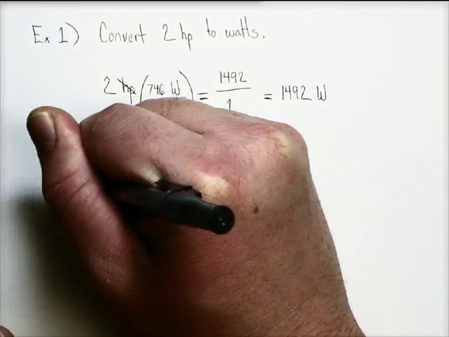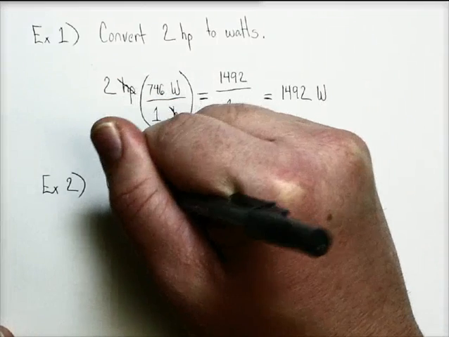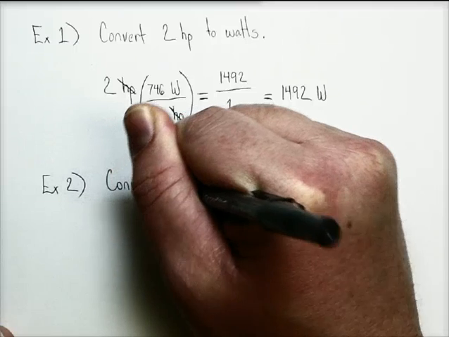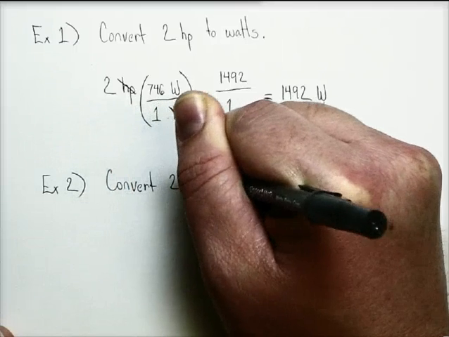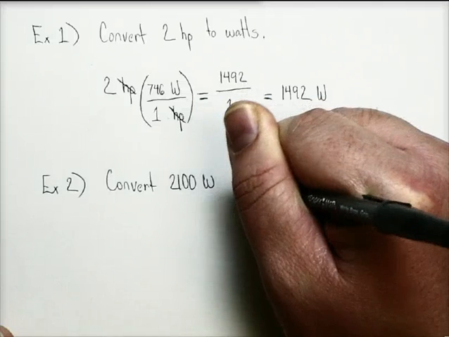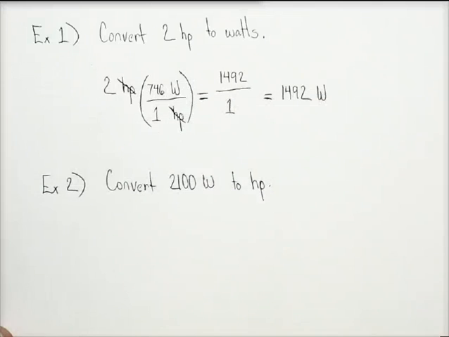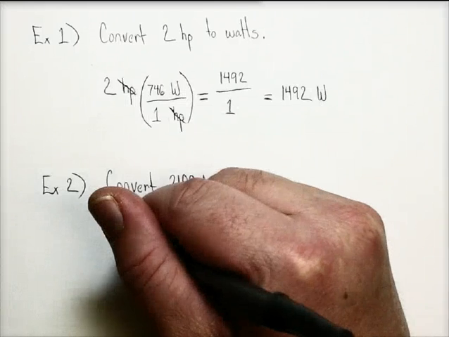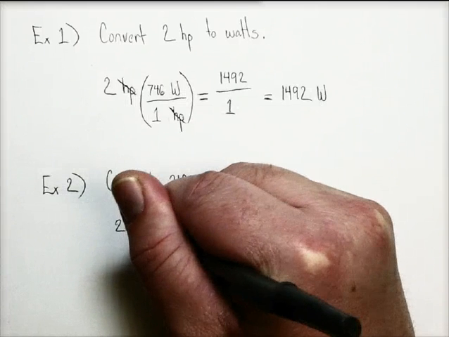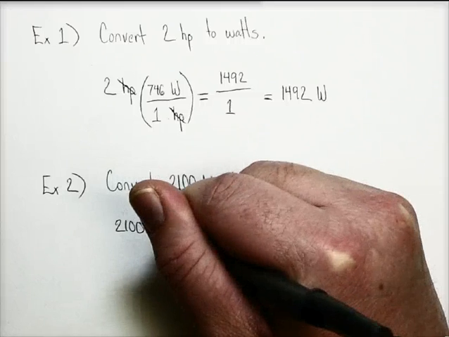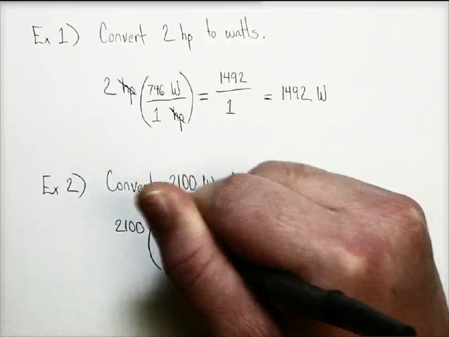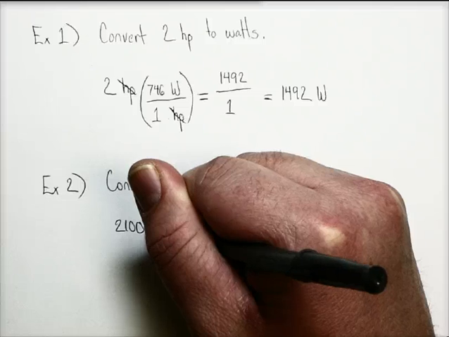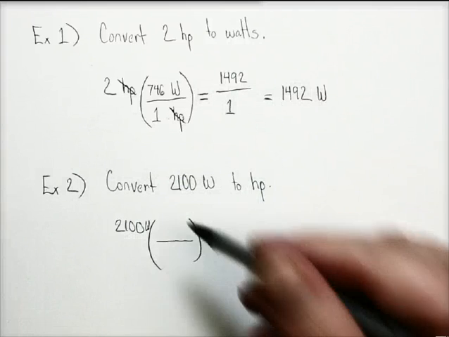Example 2, let's convert 2100 watts to horsepower. And so again, I'm going to start with whatever number I'm given. So here I'm given 2100. Now I'm going to write a fraction. I really should have included units there. So 2100 watts.